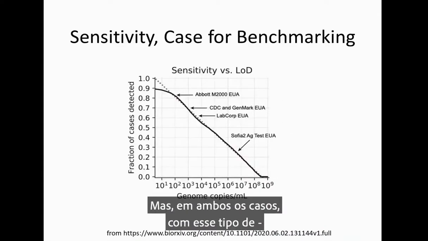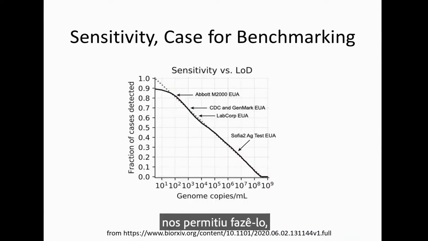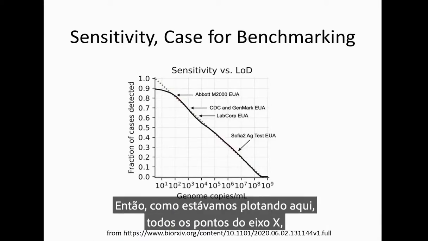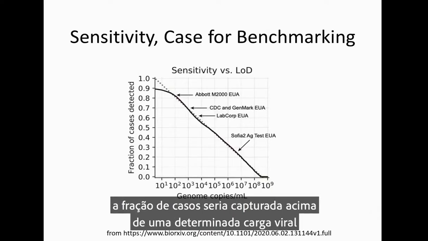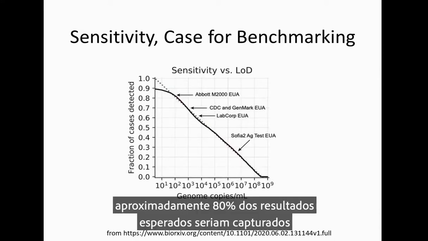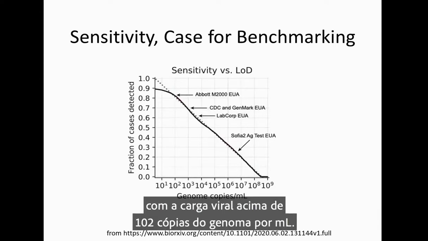But in either case, what that allowed us to do was plot a cumulative distribution. Essentially, at every point on the x-axis, we're plotting the fraction of cases that would be caught above a certain viral load. So, for example, approximately 80% of the results that we would expect would be caught with a viral load above 10 to the second genome copies per mil.